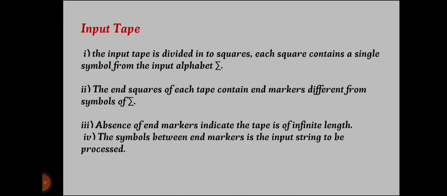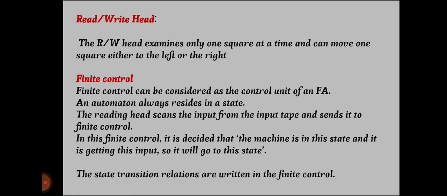The symbols between the end markers are the input string to be processed. Read and write head. The read and write head examines only one square at a time and can move on the squares either to the left or the right.